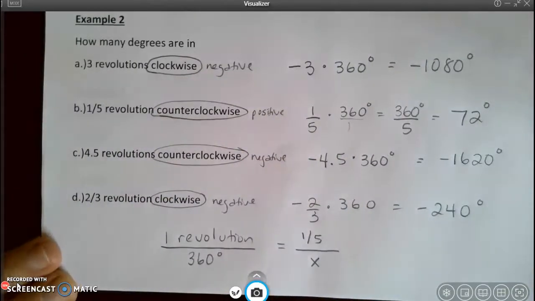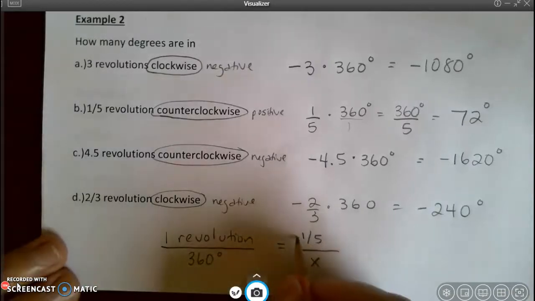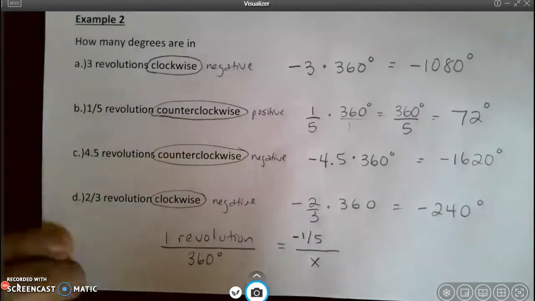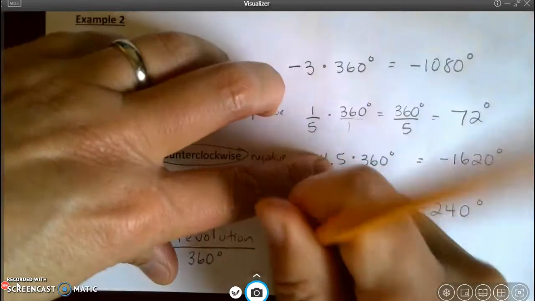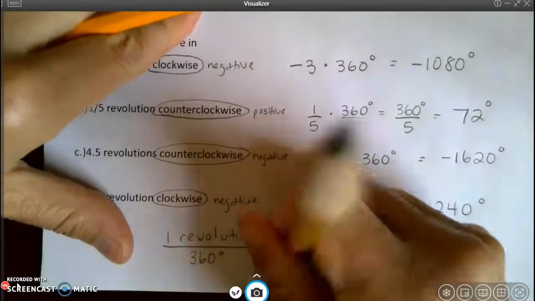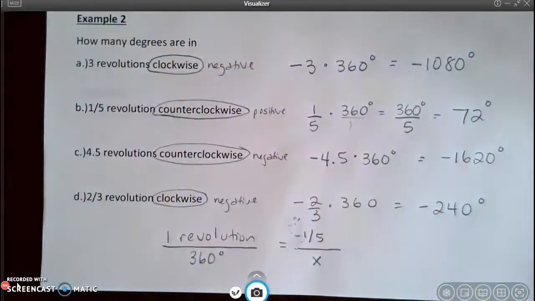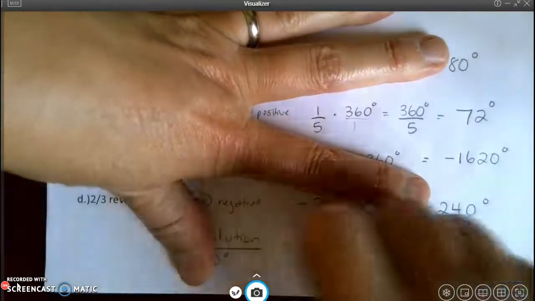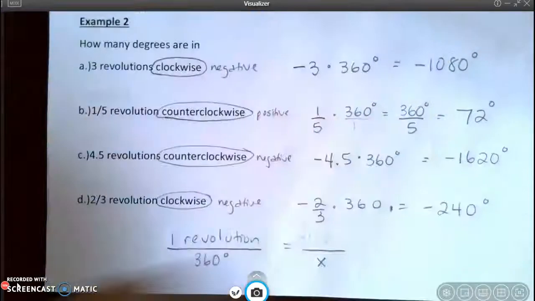And then, again, I'm assuming you know how to solve a proportion. We do need to remember, actually, it was not negative 1/5. In this particular problem, it was positive because, I'm sorry, my eraser's not working very well, I forgot that that was counterclockwise, the one that was 1/5.